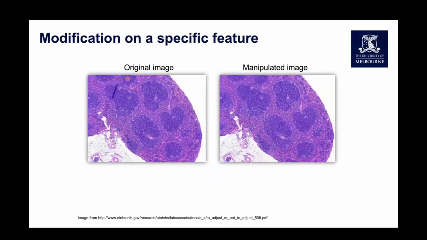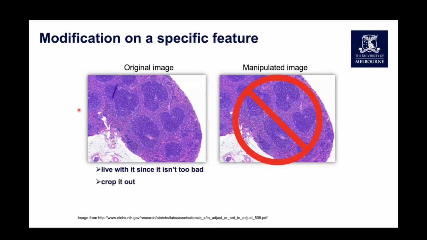In this example, there's a fold in the original image which has been taken out in the manipulated image. Again, you're making a specific modification to a single feature within the image. What could you do? Either live with it if it's not too bad, if what you're interested in is over here and it's not interfering with the analysis of the image, then just live with it.